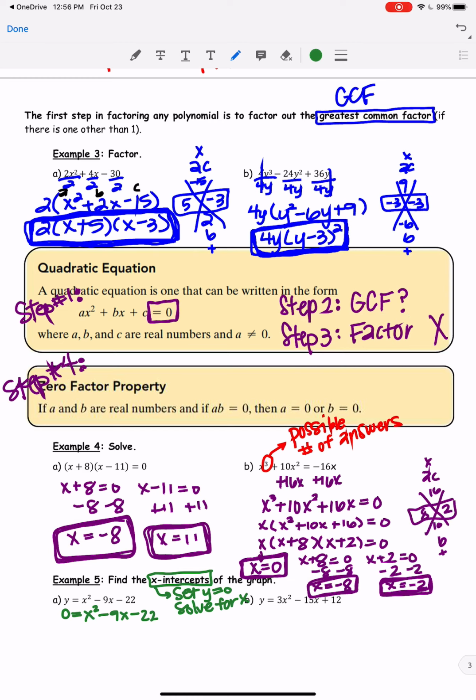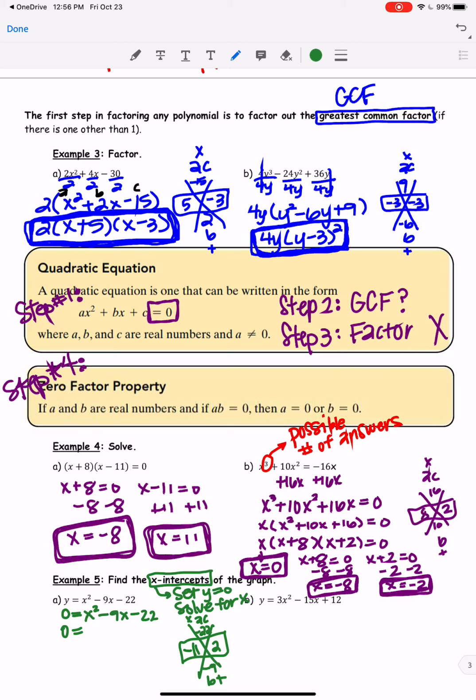Now we're going to go straight into the factoring. My a times c is 1 times negative 22, so negative 22. My b term is negative 9. So what adds up to negative 9 and multiplies to my AC? It's going to be negative 11 and 2. Negative 11 times 2 gives me negative 22. When I add, we get negative 9.